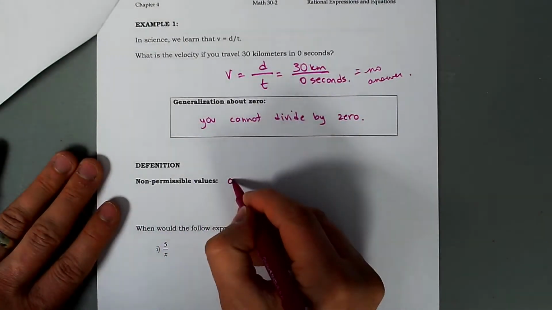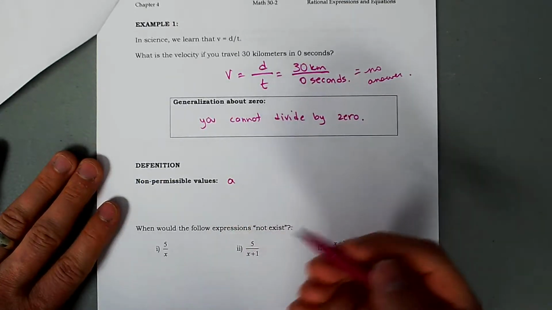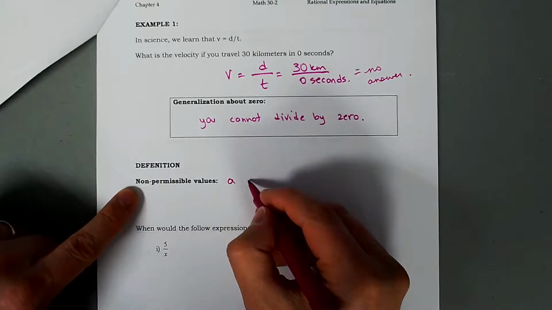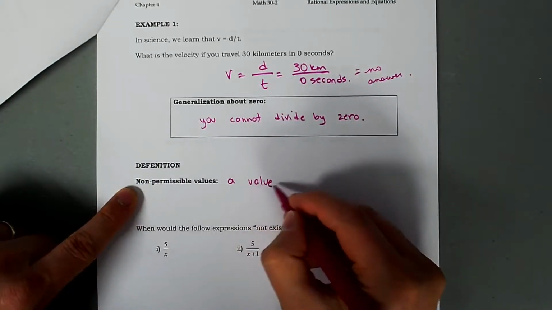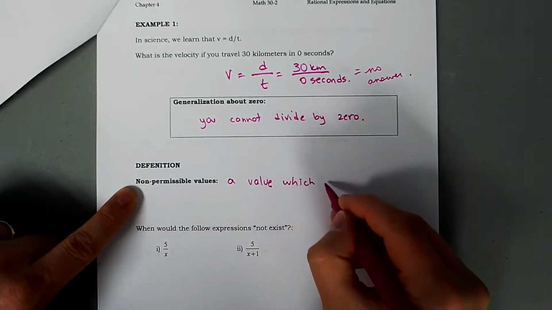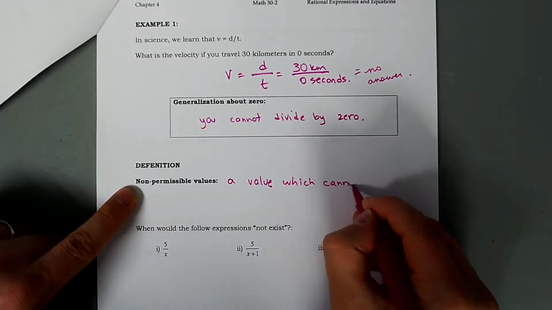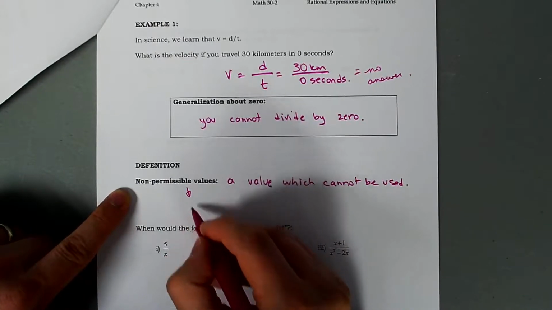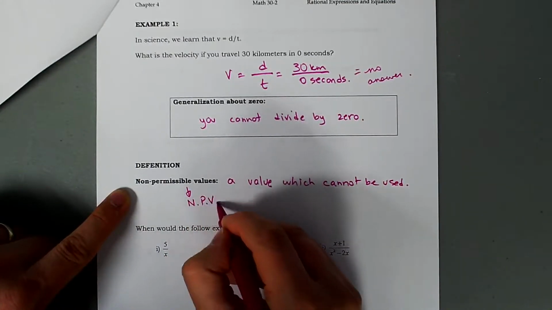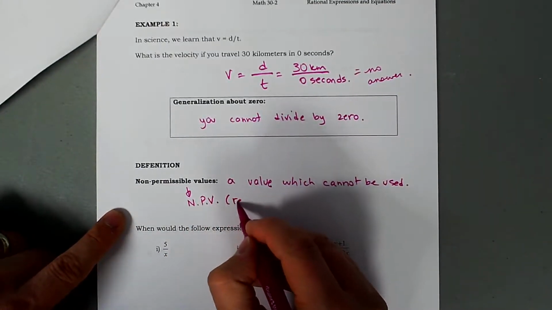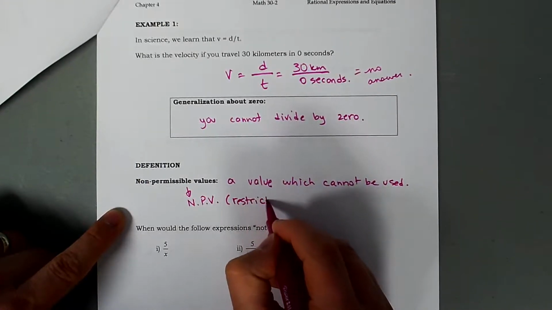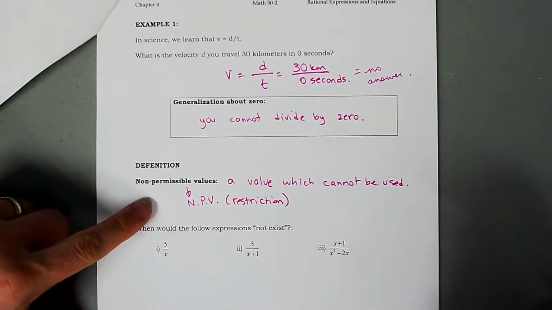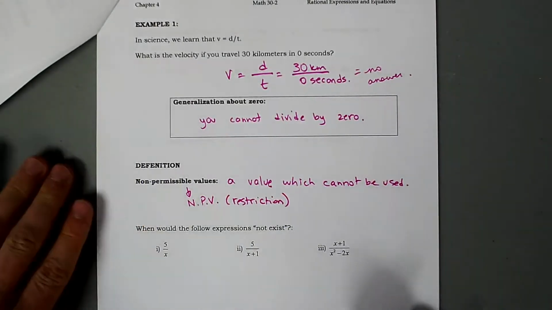A non-permissible value is a non-permitted or not allowed value. So a non-permissible value is a value which cannot be used. Now, this will sometimes get shortened to an NPV, or sometimes we call this a restriction. Non-permissible value, restriction, NPV, these all refer to a value that you cannot use.